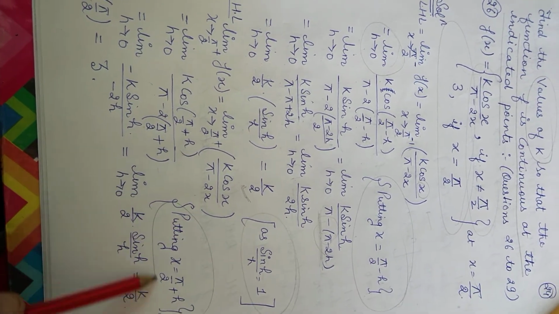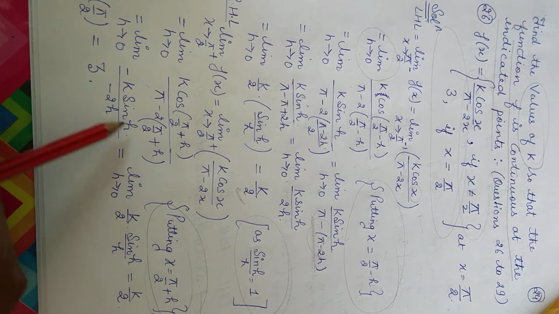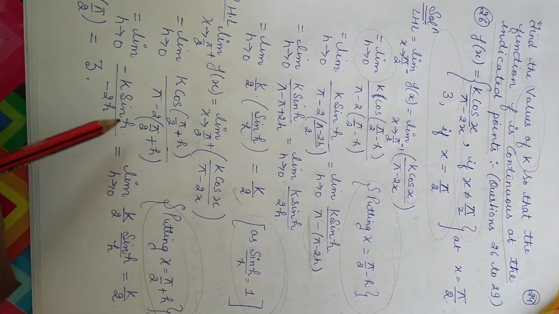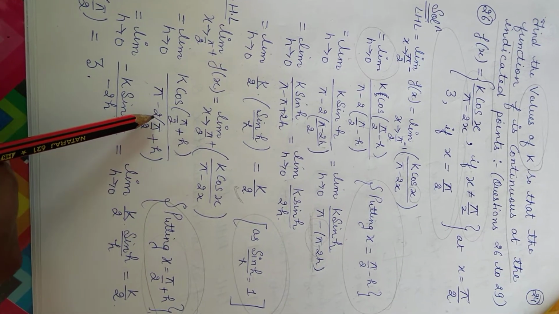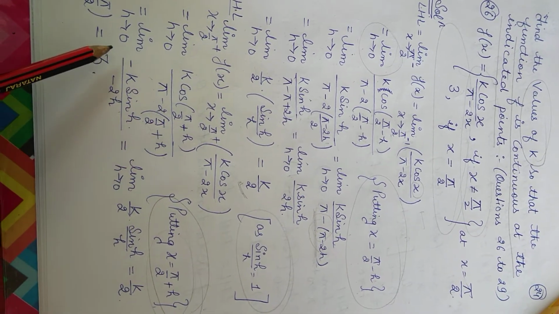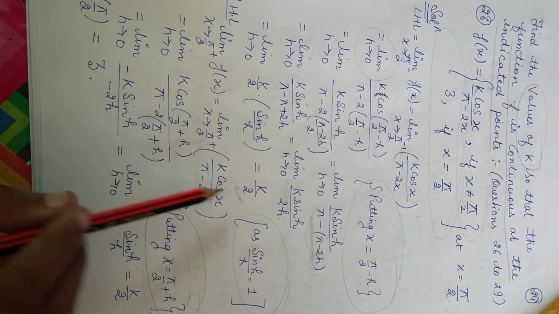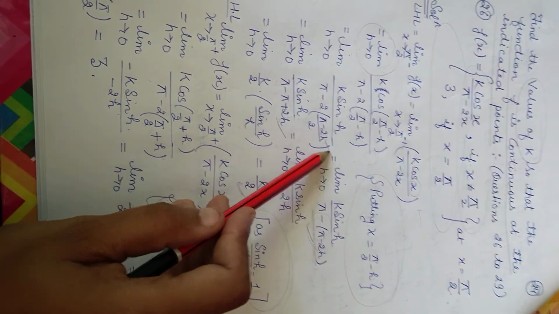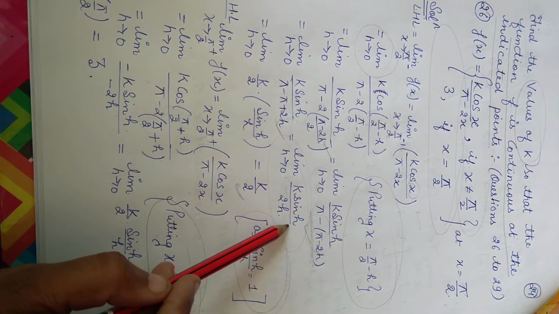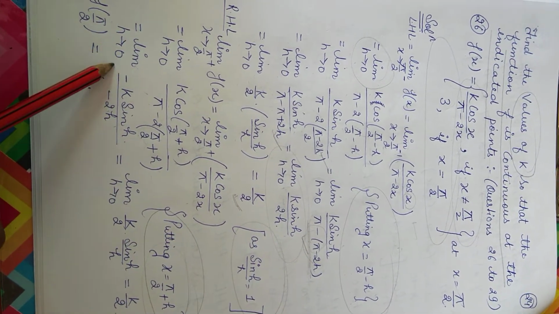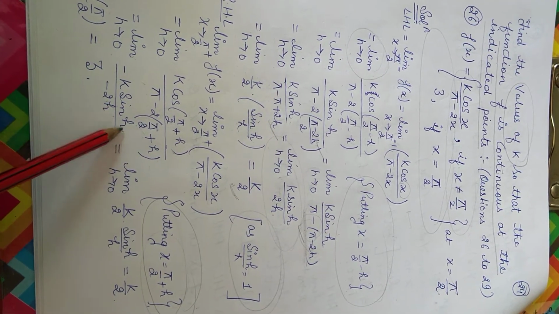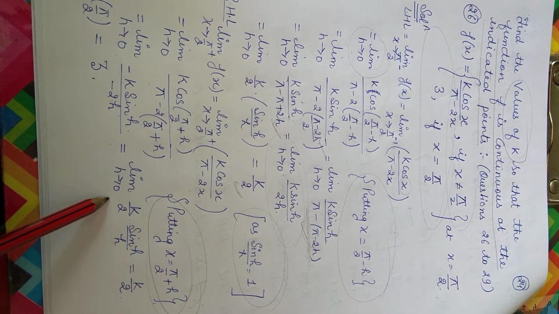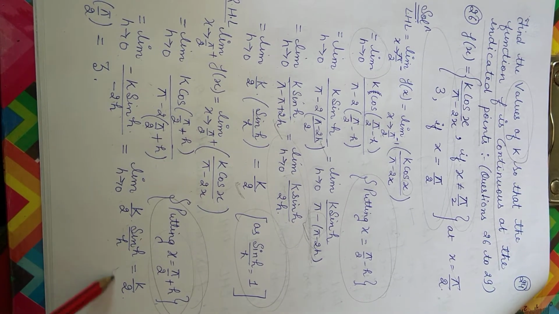Now here what I have done, I have put the value of x is equal to pi by 2 plus h, and as we have done the calculations over here, first I will do the LCM of this, then this 2 will cancel by that 2, and after doing all the necessary steps which we have done over here, all these steps will be repeated once again, and finally we will reach a statement like this, that is limit of h tends to 0 minus of k sin h upon minus of 2h, that is limit h tends to 0 k by 2 sin h upon h is equal to k by 2.